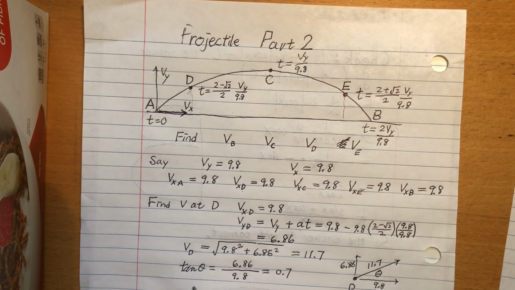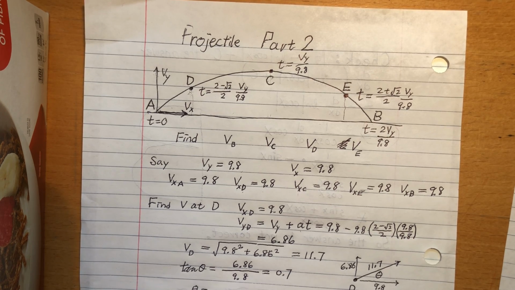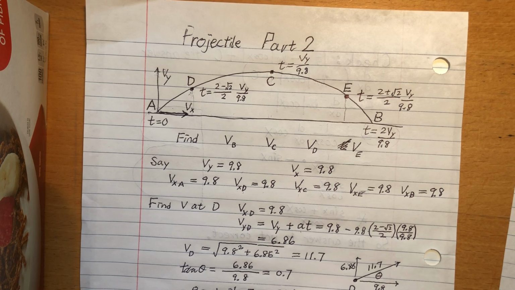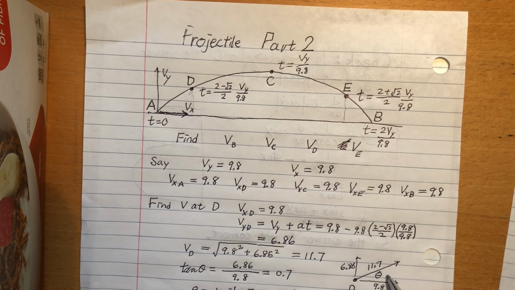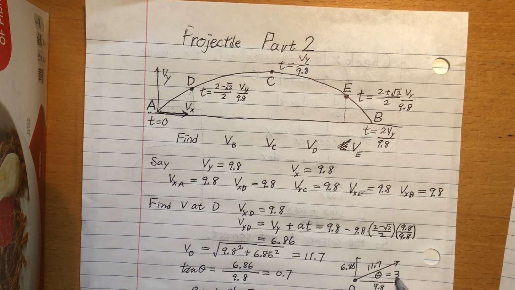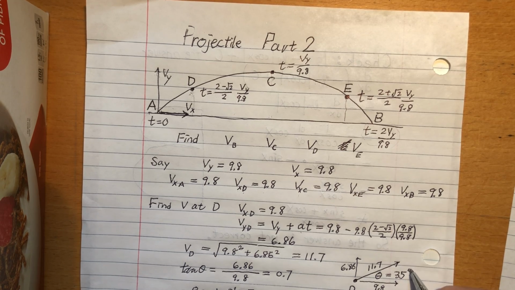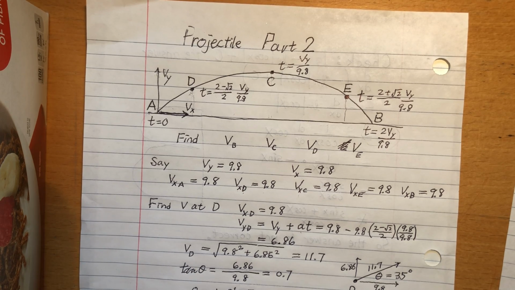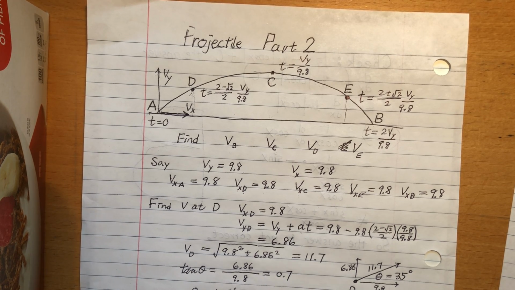And then theta is arctangent. And it is 35 degrees. So this is 35 degrees. So I have velocity at point D now, direction and magnitude.